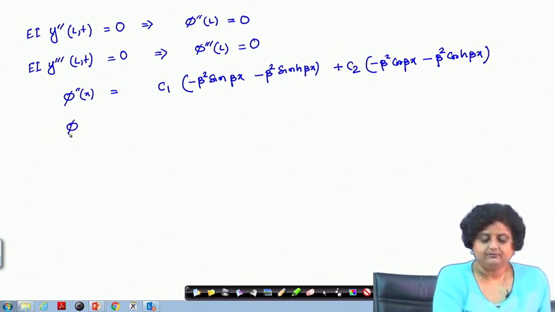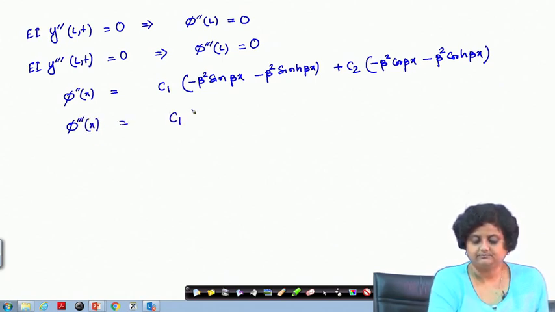So, similarly, phi triple dash x is going to be C 1.